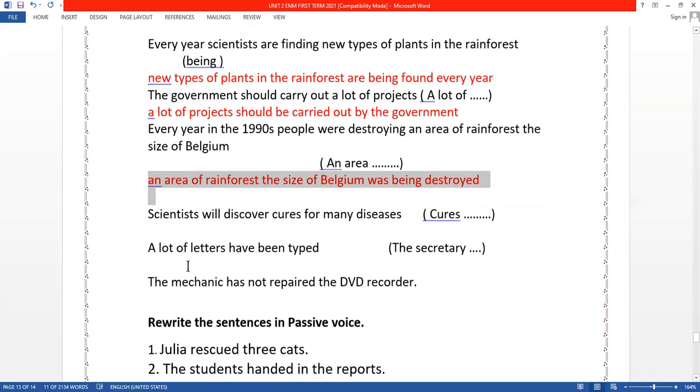Scientists will discover cures for many diseases. Here, start with cures.